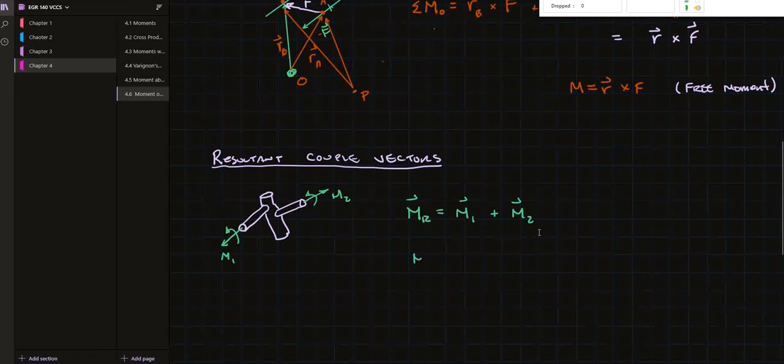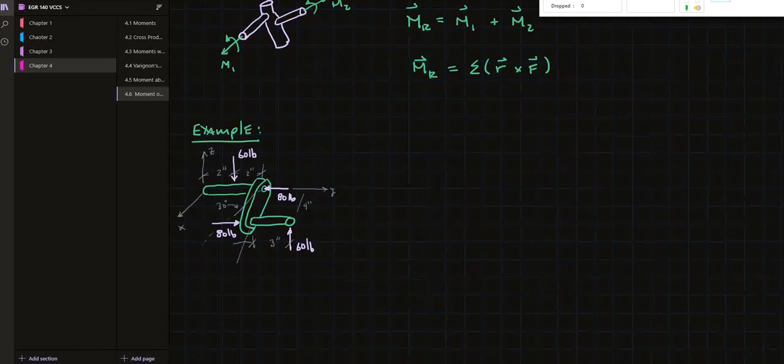So this means that for a resultant couple moment, you just sum R cross F's. So in the picture to the left, let's find our resulting couple moment.